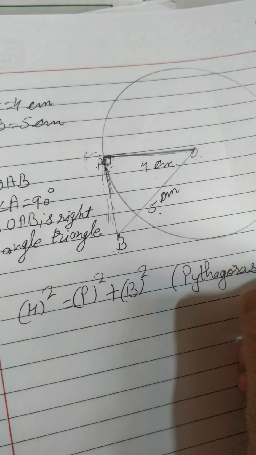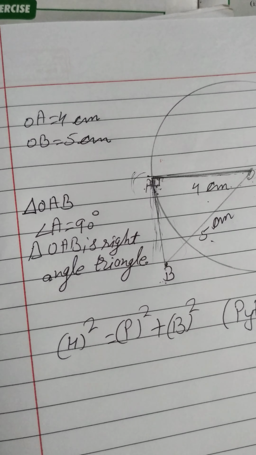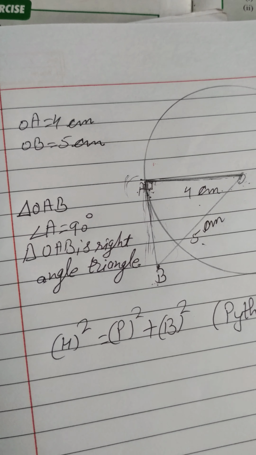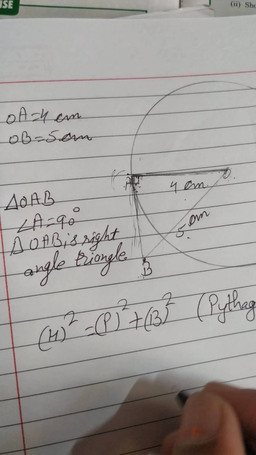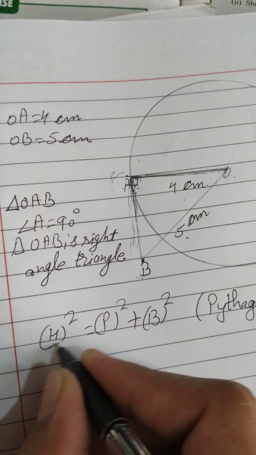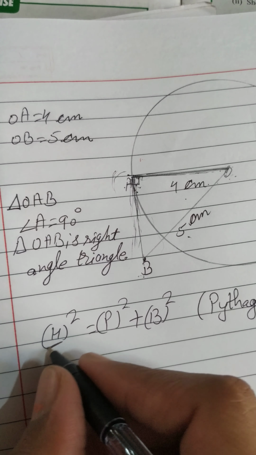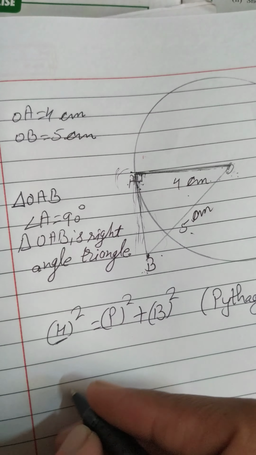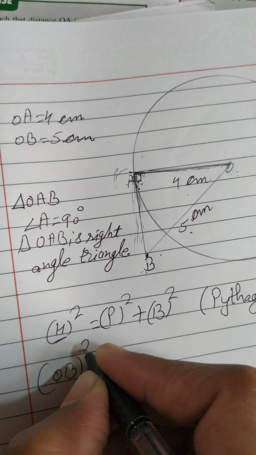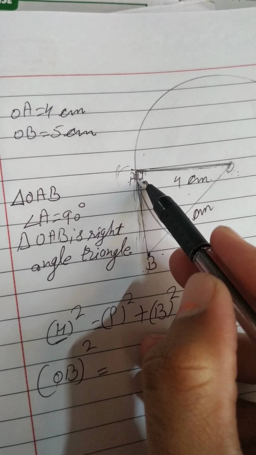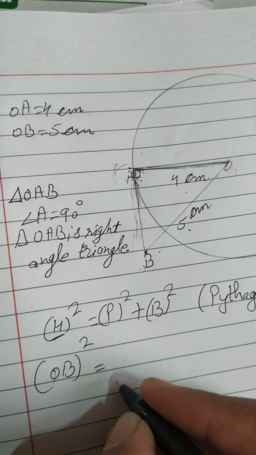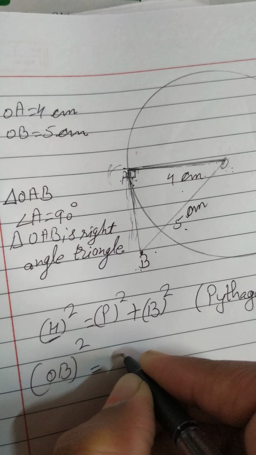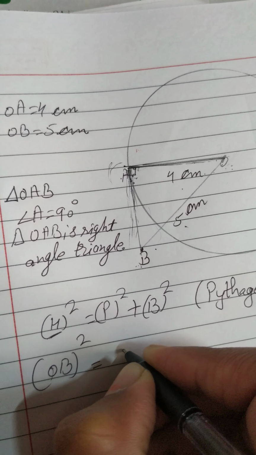It is by Pythagoras theorem. Now, what is h? H means hypotenuse, the longest side. Longest side, what you can see? I think it is OB. And perpendicular is opposite the 90 degree; you can give any name to it.